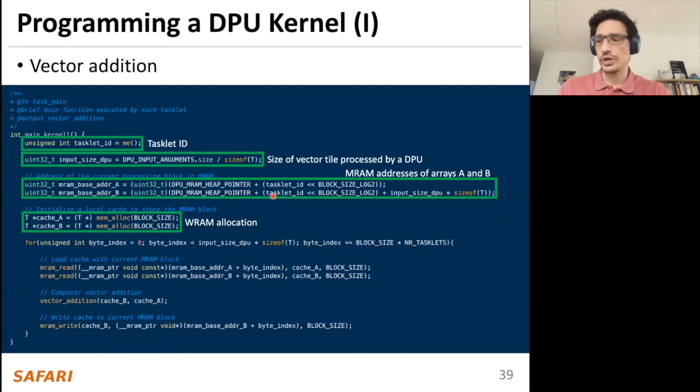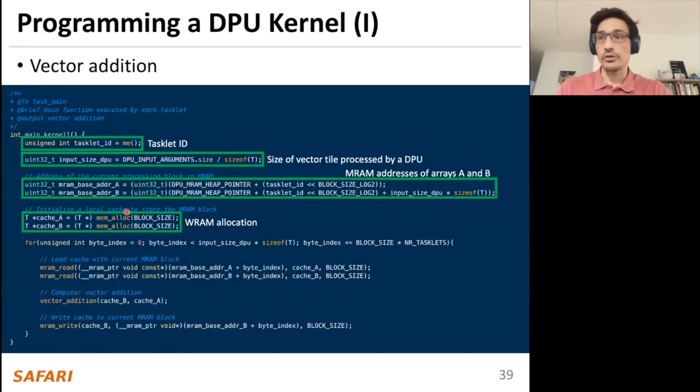Recall that whatever we want to compute or to operate on inside the DPU, we will have to move the data from the MRAM to the WRAM. So here we have to explicitly allocate the amount of WRAM that we want to use. Keep one important thing in mind: all tasklets have access to the same WRAM space.